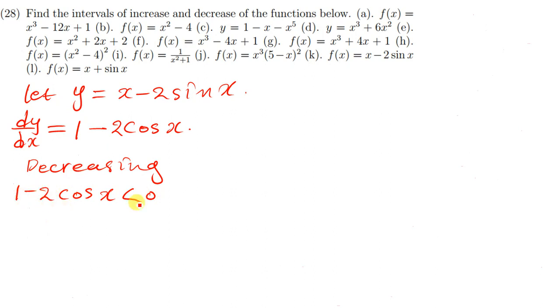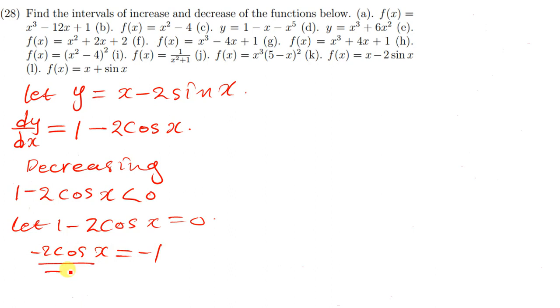Okay, so let's find the critical point. How do we find the critical point? We say let 1 minus 2 cos x be equal to 0. So we take this 1 to the other side of the equal sign. We have negative 2 cos x is equal to negative 1. Then we divide everything by negative 2.